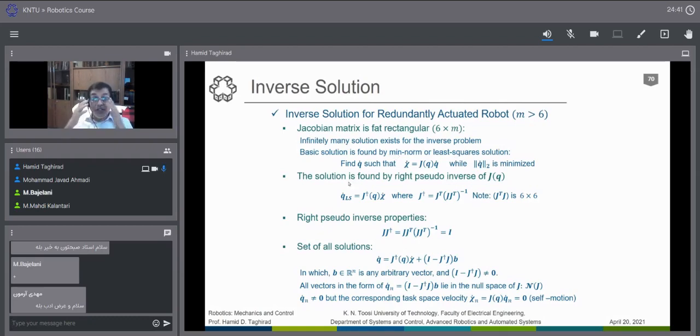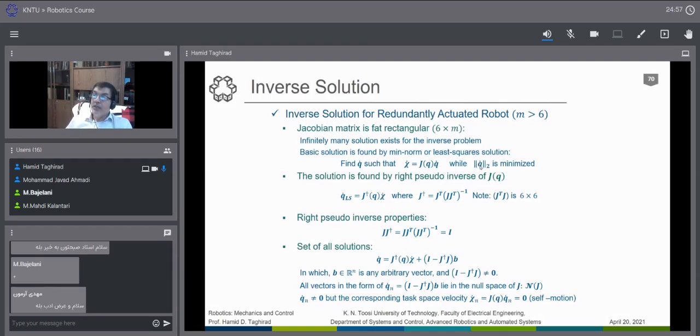But in terms of optimization, it does something special, this minimum norm solution. Of course, you should follow in a linear algebra course how the minimum norm solution will optimize the norm of Q dot.